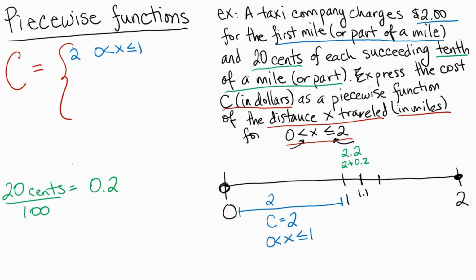So if we go to 1.2, what we see is that we are still going to the 1 mile mark, which is $2, and then there are 2 times of these 0.1 sections, and each of those costs 20 cents. So that's going to be 2.4.